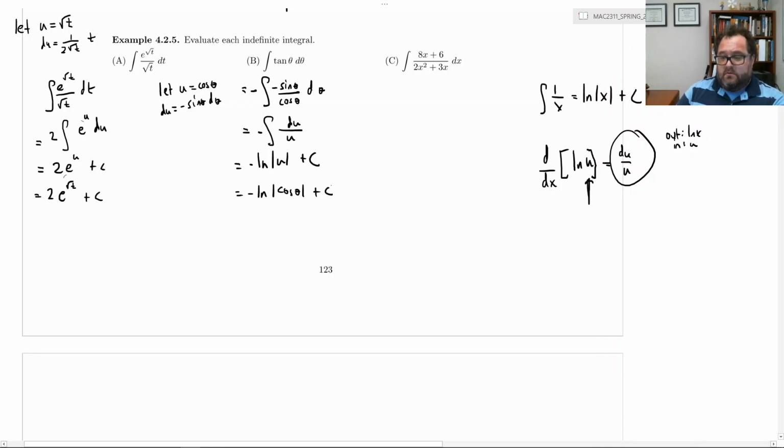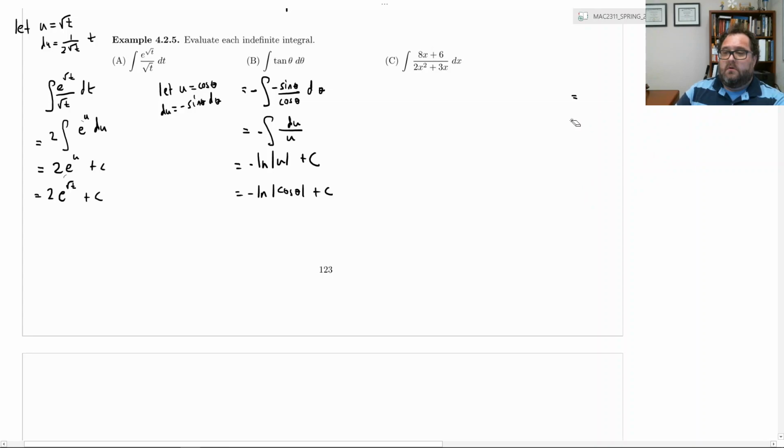Cool. Let's check. So we're going to take the derivative with respect to theta of negative natural log absolute value cosine theta. Of course, we can factor out a negative sign. So d d theta of natural log absolute value cosine theta.